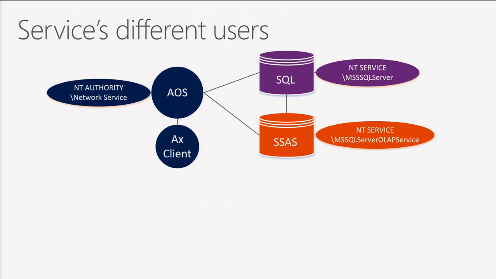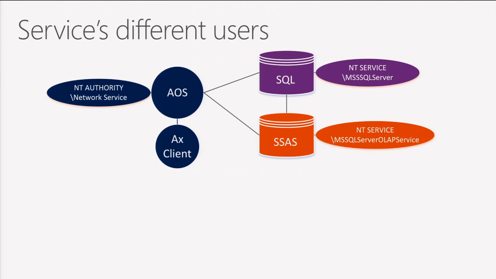And I also got MSSQLServerOLAPService, which is the user that is used to run SSAS. If you just install your system, all those different services do not have access to each other. So if you run demand forecasting, it will not work because those different users will have no access. I will show you how to set up the correct permissions for those users, so you can use it within your company.